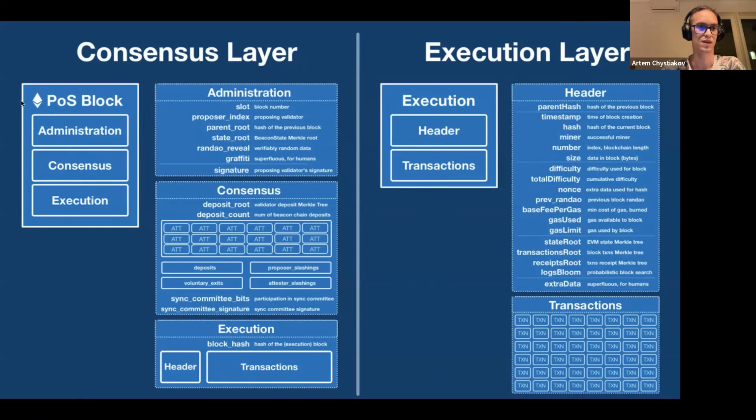But still, we have a proof-of-stake consensus block, which consists of three main tables. The first one is the administration table, which contains the proof-of-stake beacon state information.